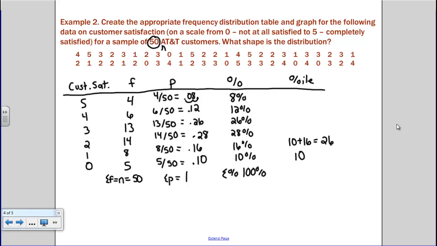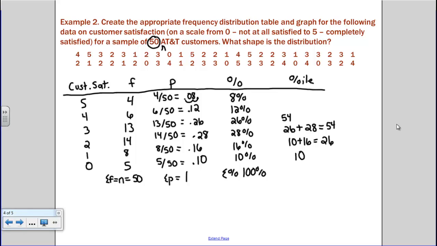Now moving up, I take my 26, my percentile for the value just below, the one I'm interested in, plus the percentage for the value that I'm actually interested in. In this case, I'm looking at 2, and we've got 28%. So 26 plus 28 gives me 54. And moving up yet again, so 54, the percentile for the value just below the one I'm interested in.